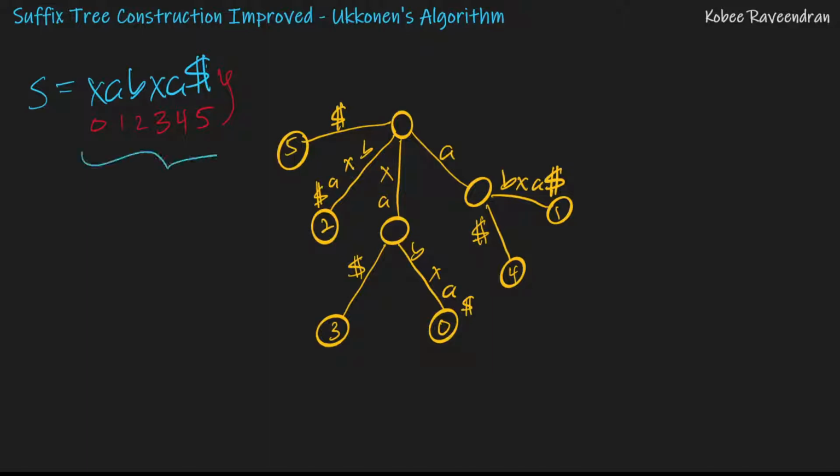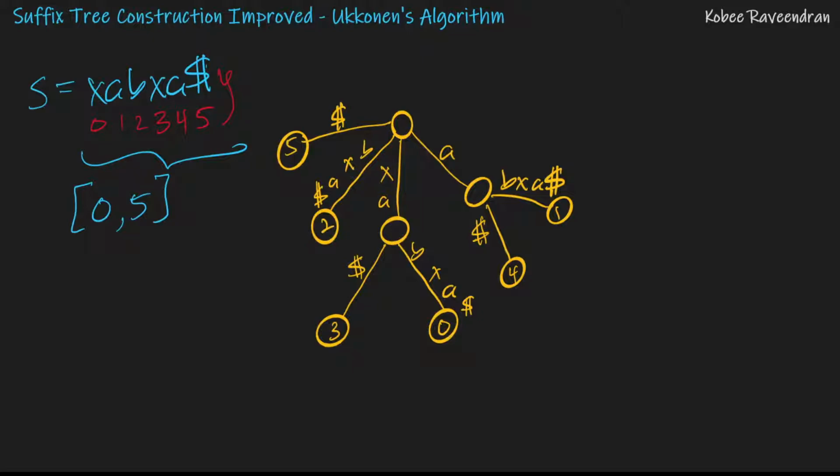So for example, this entire string could be represented as starting from index 0 and ending at index 5, if you exclude the y. And to avoid having to manually go through all the leaf edges and add that extra character, he uses an open end for the string.